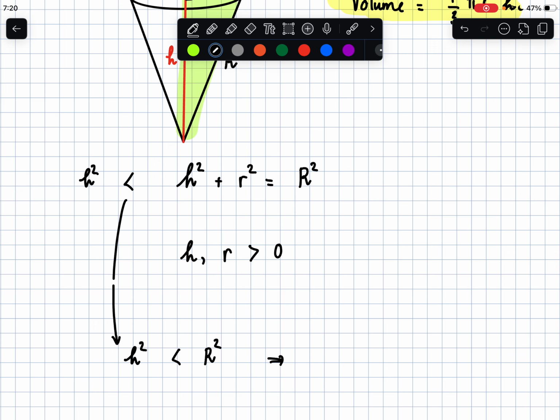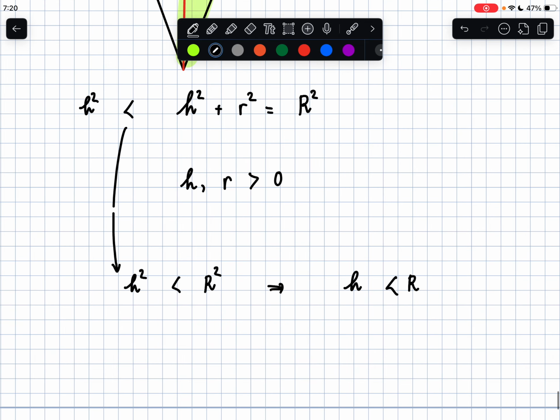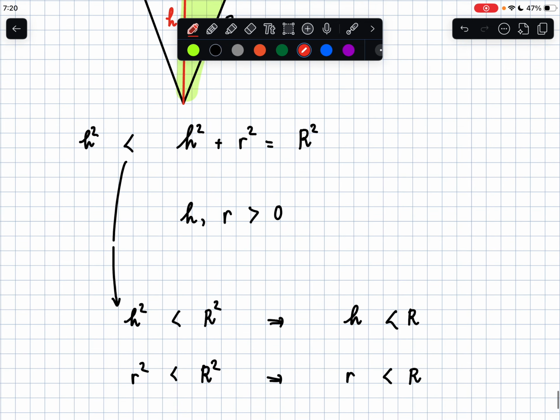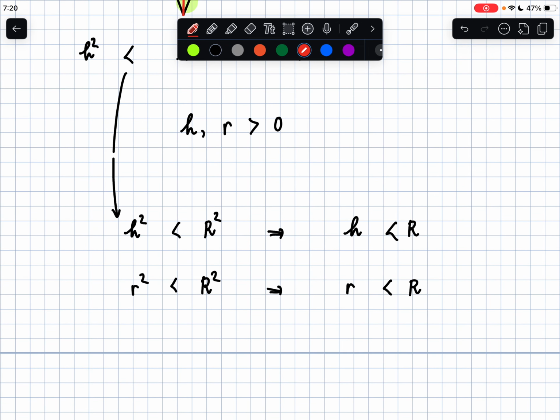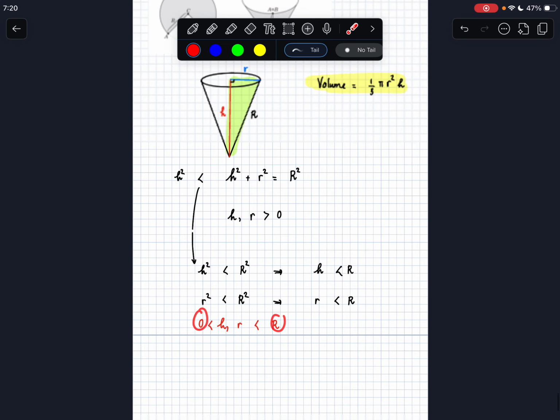You can square root both sides, they are lengths, so we don't need absolute values. Similarly, you have small r squared less than big R squared, so small radius less than big radius. So the condition we have for our height and radius is 0 less than height, radius less than big R. So they are both in the interval 0 to big R.